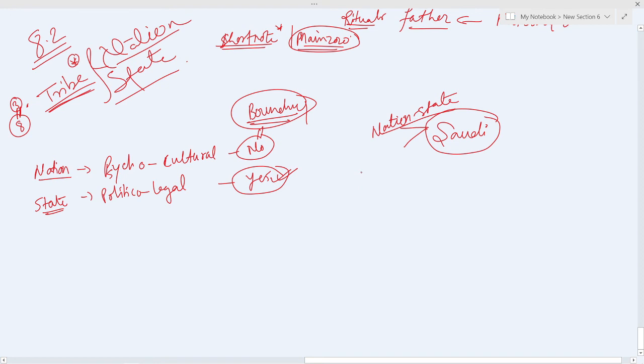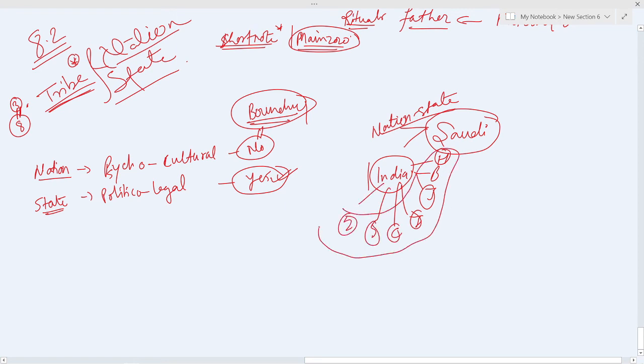But this concept is not applicable for a country like India, where you will find Buddhism, Jainism, Hinduism, Islam, Christianity, Sikhism, Zoroastrianism. You will find a multi-ethnic society in India, and hence you cannot imagine a nation state of India.